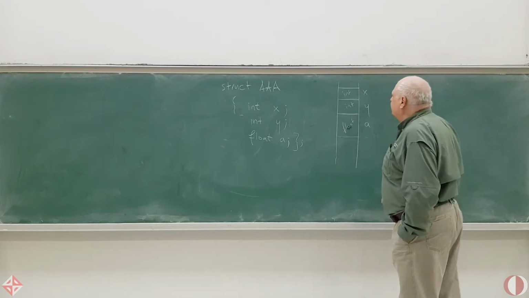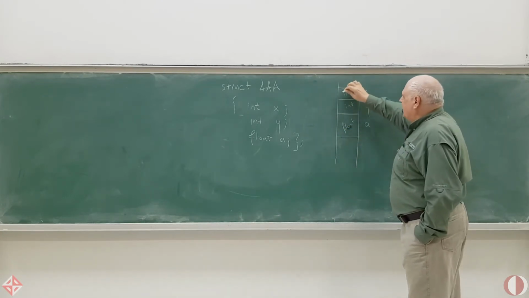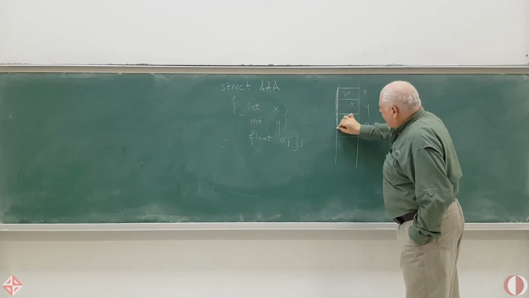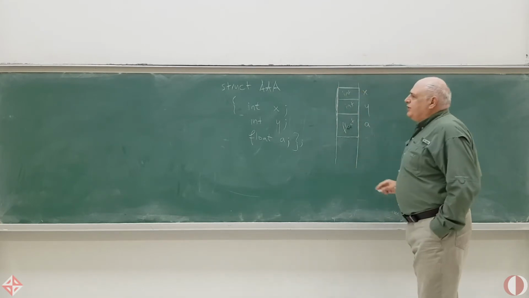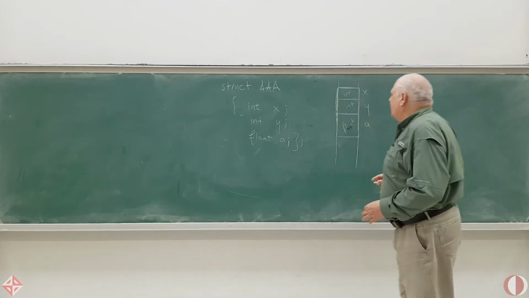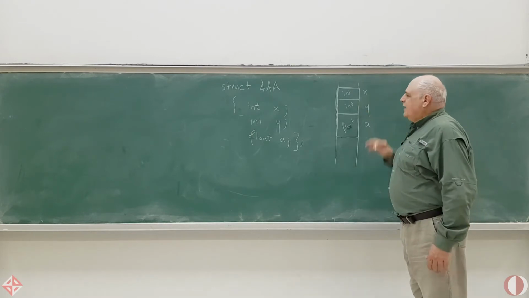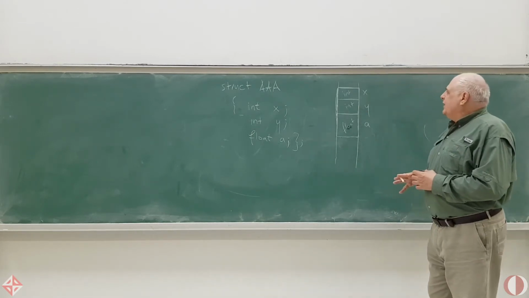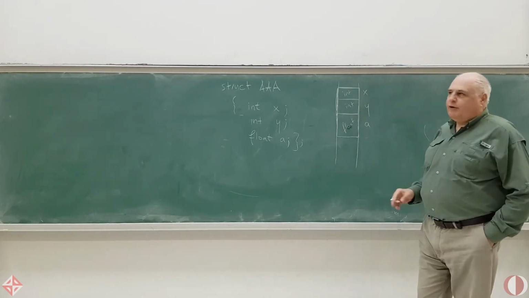Just an example. So AAA is of this structure. When you create a variable of structure AAA type, then you have a variable that has two integer fields and a float.